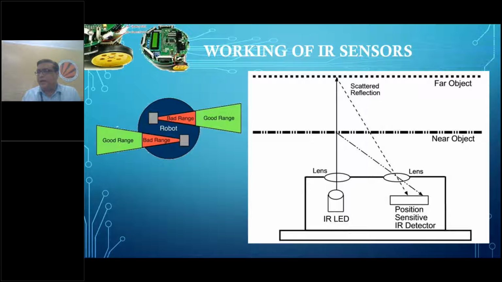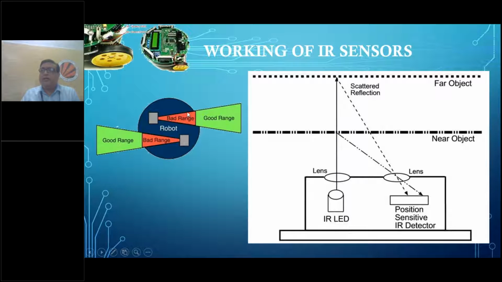Here you can see when the object is far, the incident point at the IR detector is near to the IR LED. This particular position will be detected by this IR sensor. So here we can say what is the bad range or good range of the object.